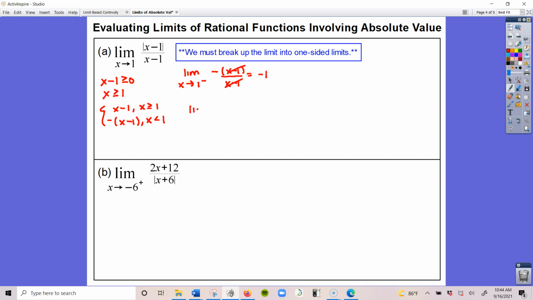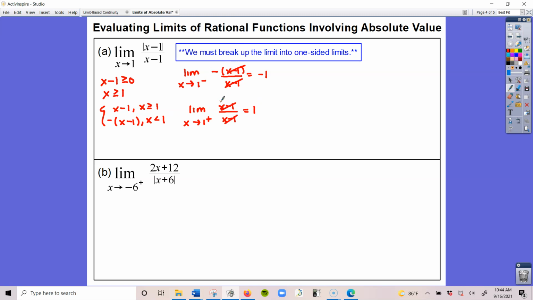Now let's do the right side. The limit as x approaches 1 from the right would now be the top piece, because this is for when x is greater than 1, so the right side. So that would be x minus 1 over x minus 1, which would cancel, and I'm left with 1.